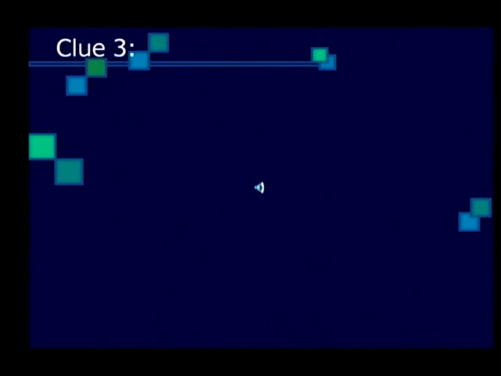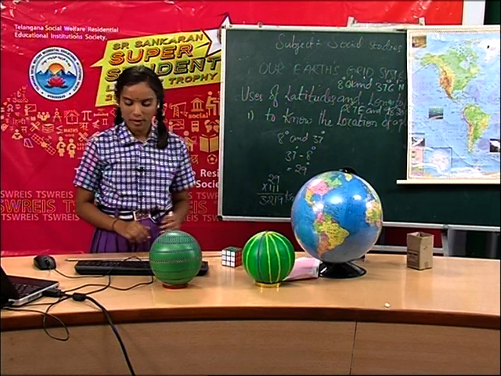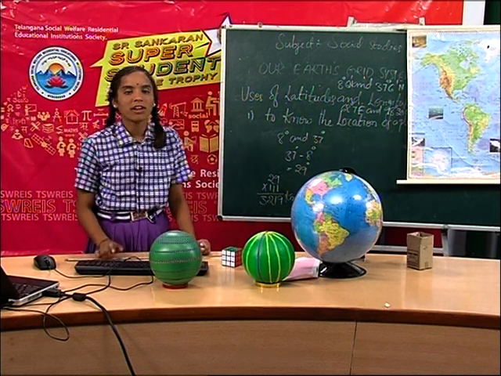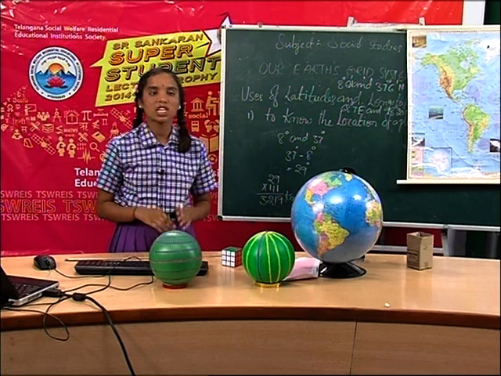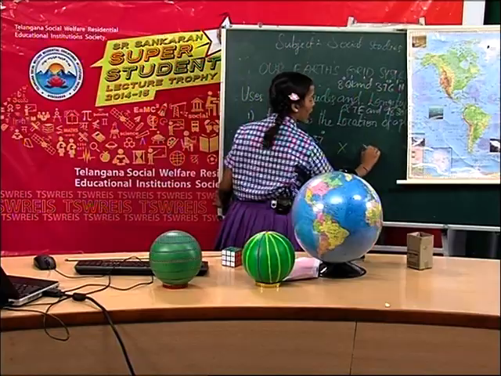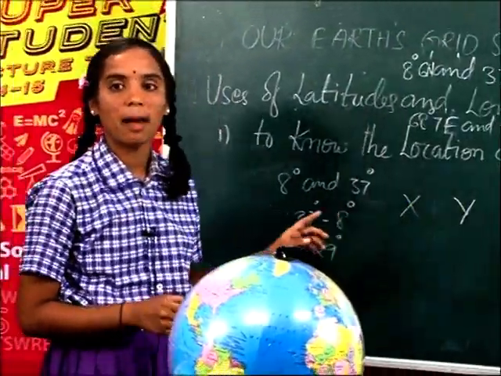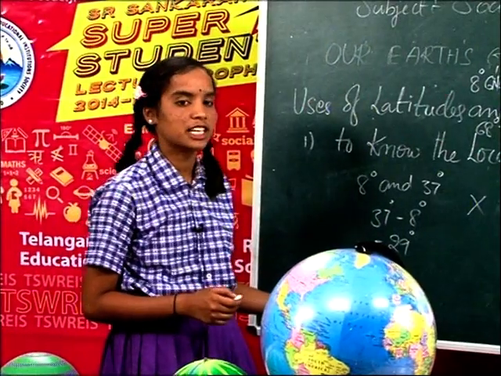Friends, I will give an example to locate the exact places on a map or on a globe. For example, when the war is going on between the two countries, whether it is X and Y countries, and the Y country people want to blow up the ammunition factory of the X country people.